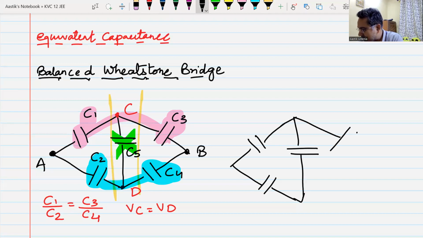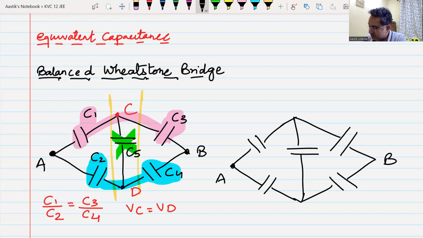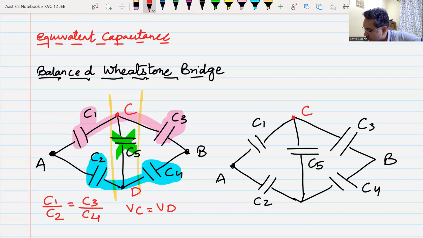If I redraw the circuit like this, again between the points A and B, C1, C2, C3, C4 and C5, again under the condition that C1 by C2 is equal to C3 by C4, again you can see that this point C and this point D have the same potential. If they have the same potential, then I can take it in this way.